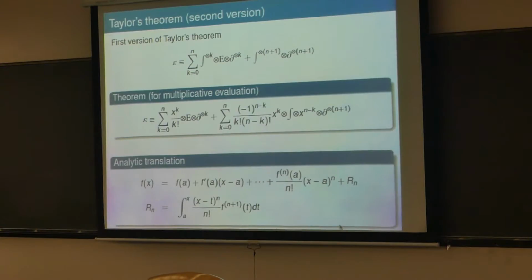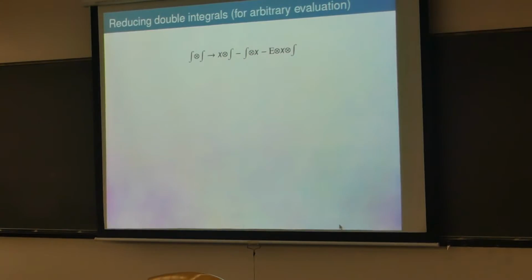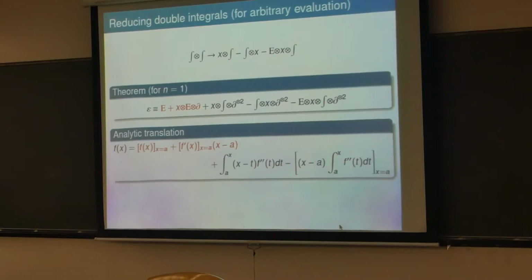That's one version. And if you want to give up completely that the evaluation is multiplicative, then you get evaluations at singular points, evaluations in this generalized sense. And then it becomes more complicated.